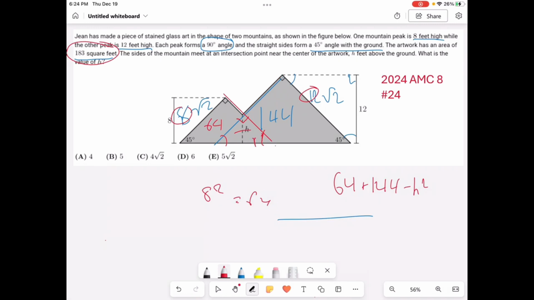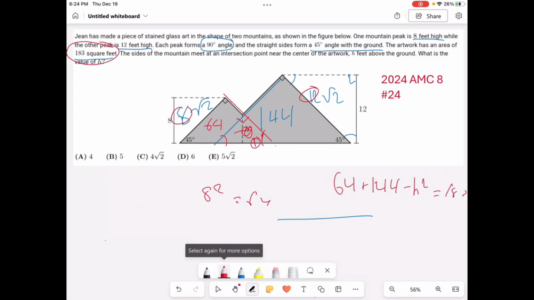And the reason we're doing h squared is because there's two of these types of triangles. So that's going to be h squared divided by 2, right? Base times height, h squared divided by 2. But since we're doing two of those triangles, the twos are going to cancel out. So h squared. Okay, this is going to be equal to 183.